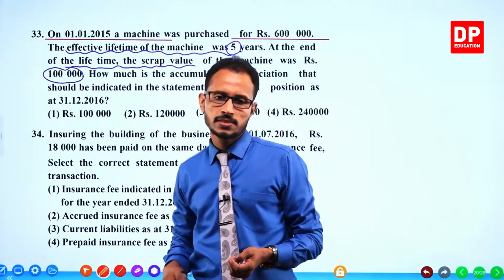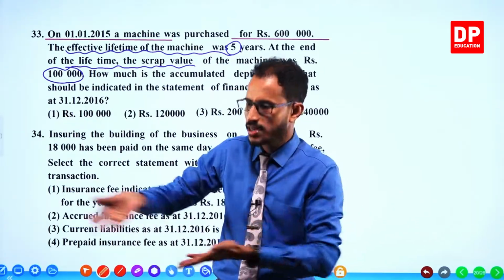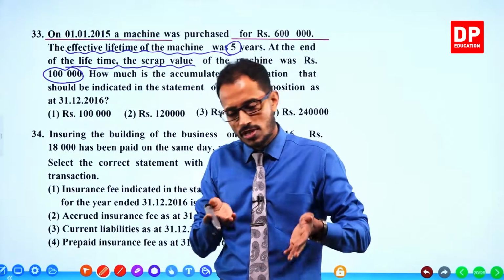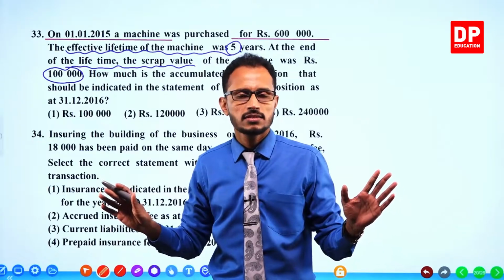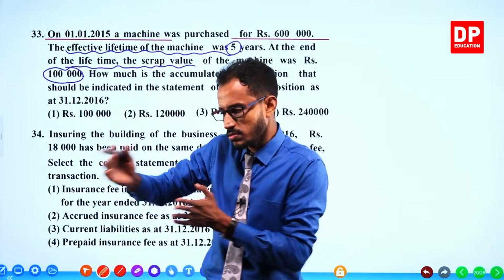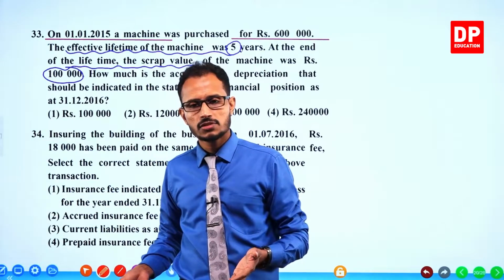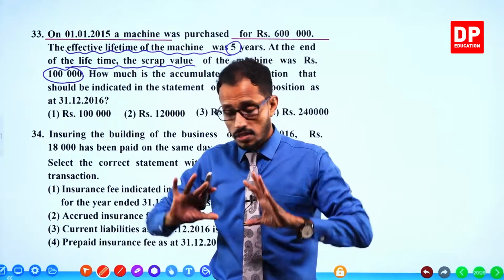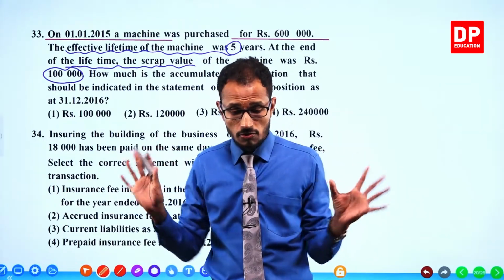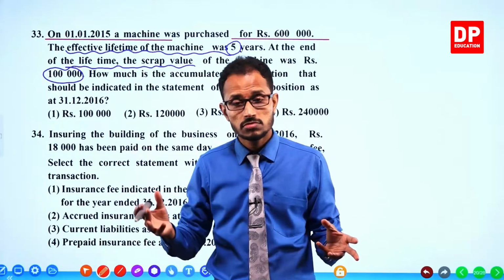Scrap value means that. You sell it at least for the weight of the iron. Like you sell the machine, now the machine is useless. You can't produce, the machine is not putting out the items, the products. It has stopped working. But the machine is a big thing. It has a lot of metal and other parts which are useful for somebody else.